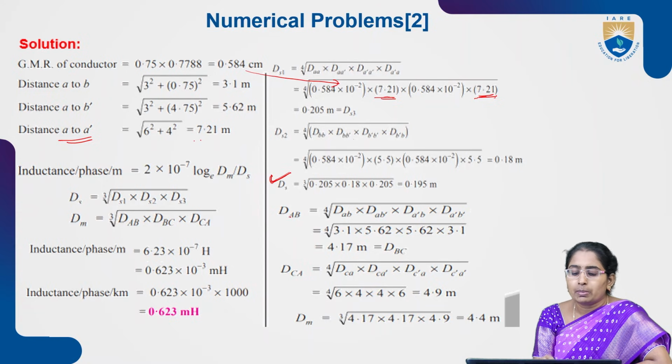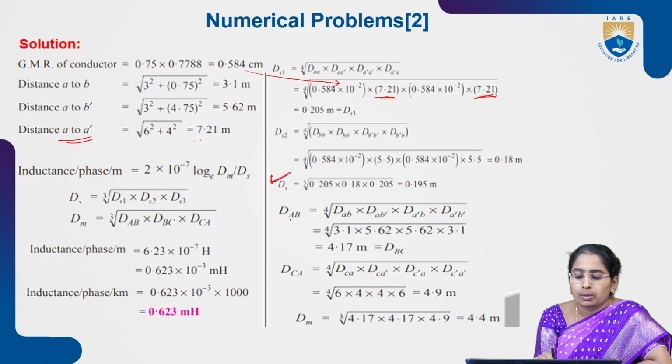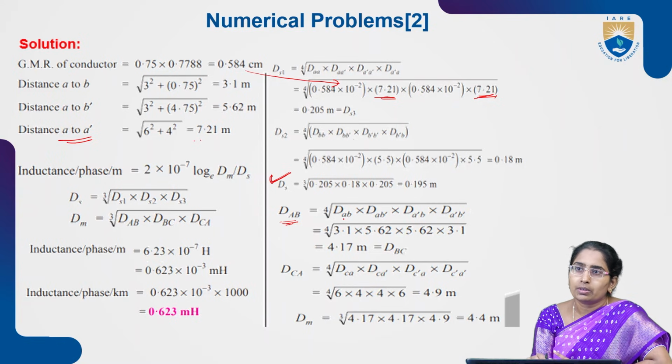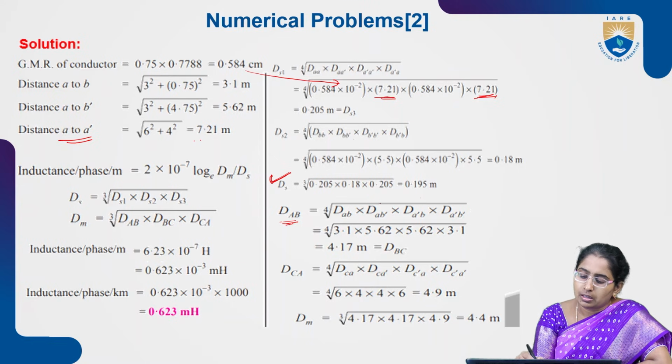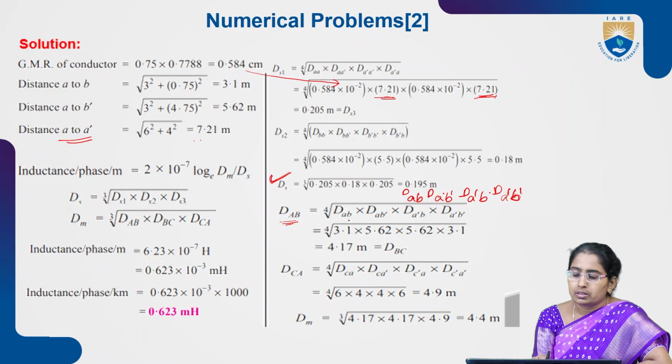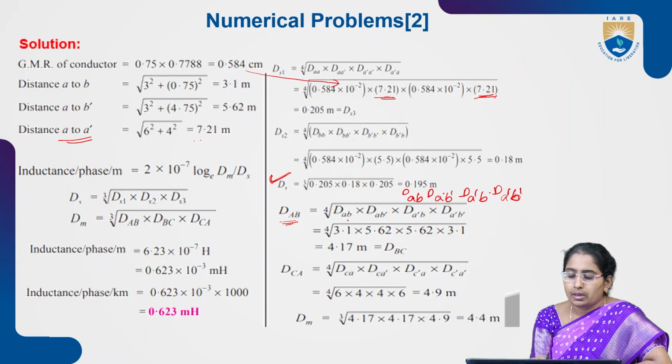As I mentioned already, how to calculate DAB: the distance between two different phases, fourth root of AB, AB dash, A dash B, A dash B dash distances.